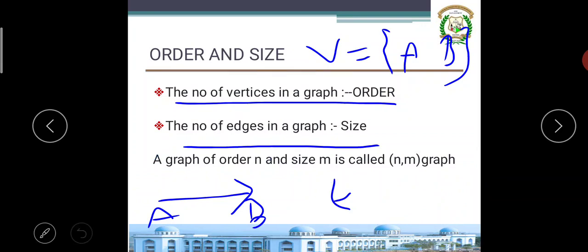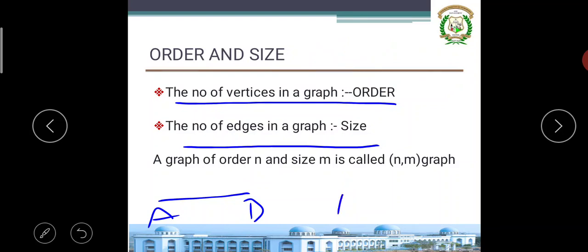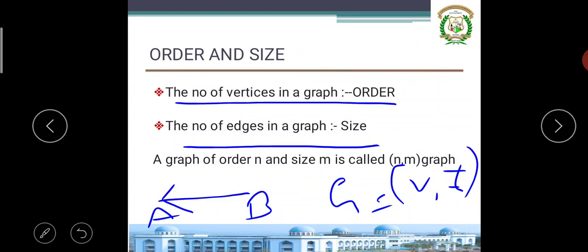If direction is not mentioned, it's a simple graph. Then you can write the edge set as AB or BA, not a problem. But if they give a direction, these are directed graphs. Yes, there is a difference between graphs and directed graphs. A directed graph is G equal to (V, E), where V is nothing but non-empty vertices and E is nothing but directed edges.